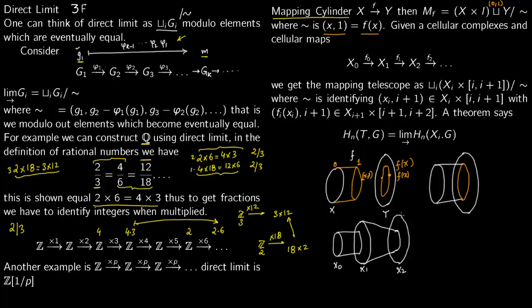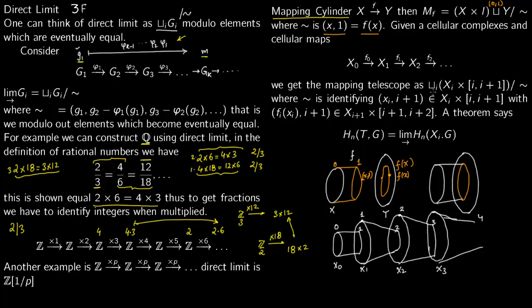So this thing, and then this goes into X3, and so on. So this looks like a telescope. So obviously the interval here is 0 to 1, and this one and this one are the same. This is 1 to 2, then you start from here 2 to 3, and then 3 to 4. So this is X0, X1, X2, and X3.